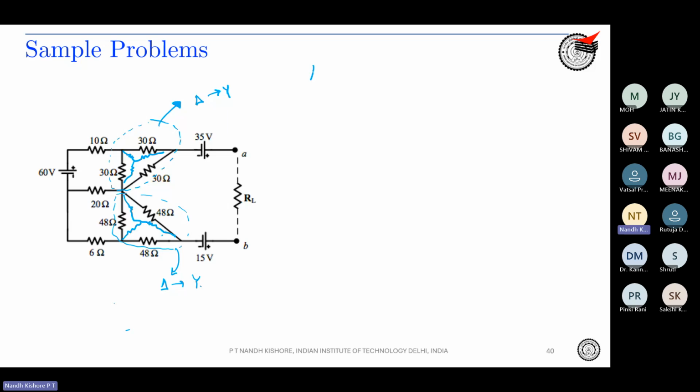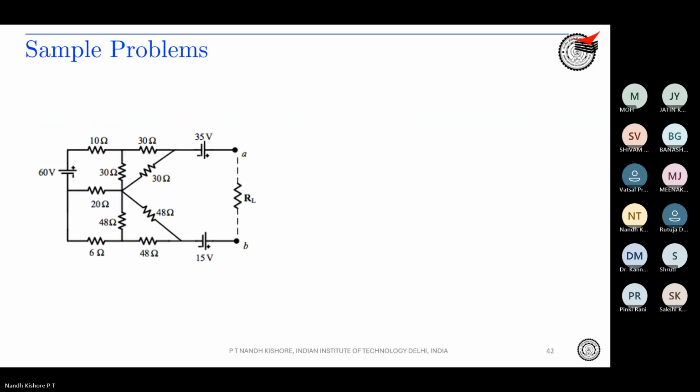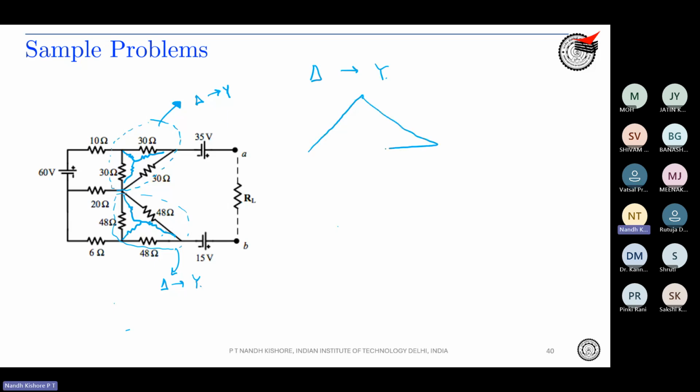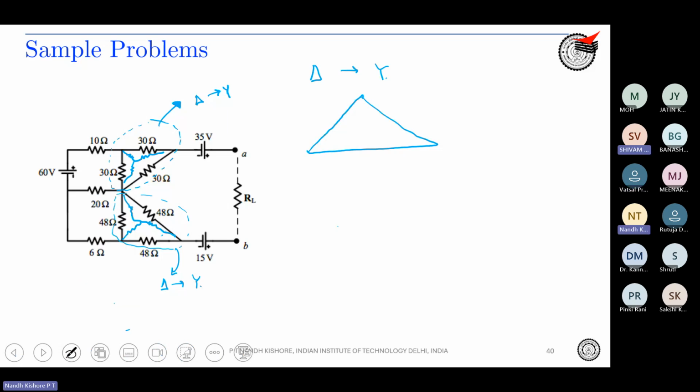Okay, so let me teach you a trick. You have something like this. Here all will be scaled by 3, so 48 divided by 3. So you have a resistance over here, resistance over here, resistance over here.